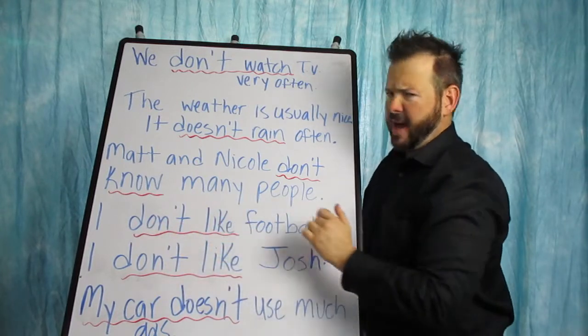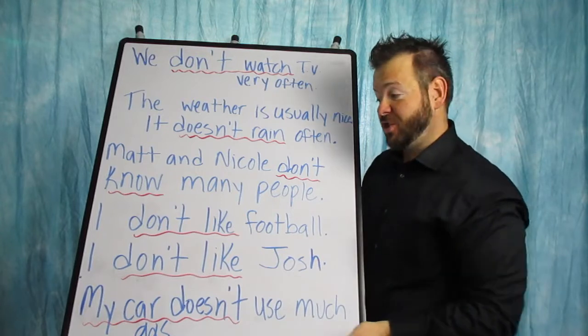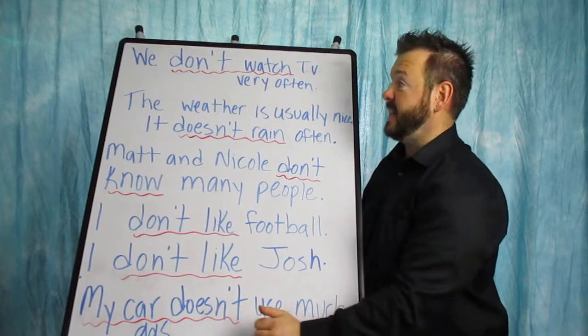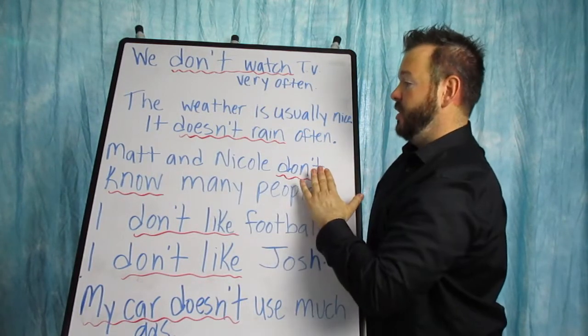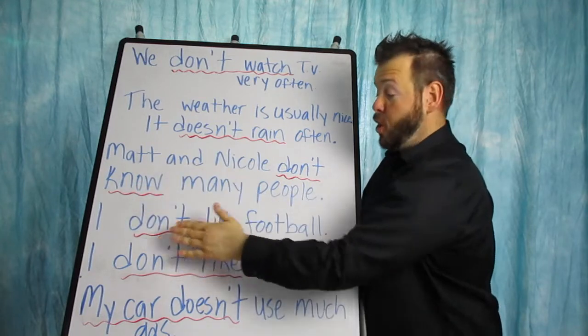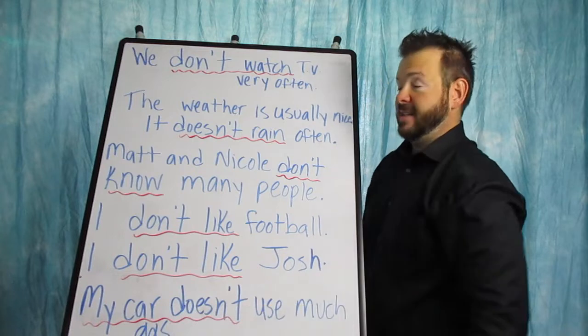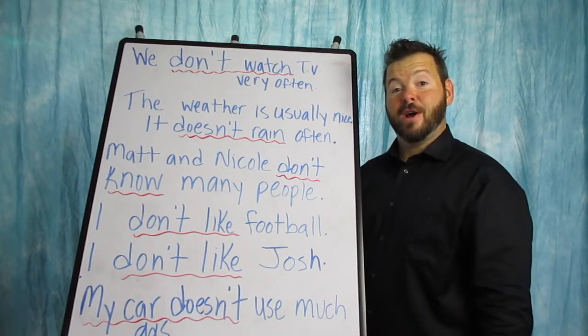I don't like football. I don't like Josh. My car doesn't use much gas. Don't watch, doesn't rain, don't know, don't like, my car doesn't. Here's everything. Pause the camera, write everything down, and read it to yourself.